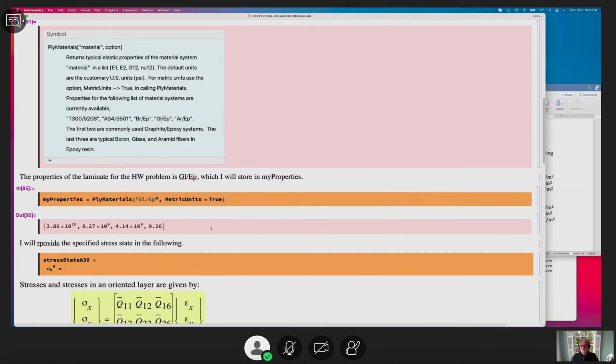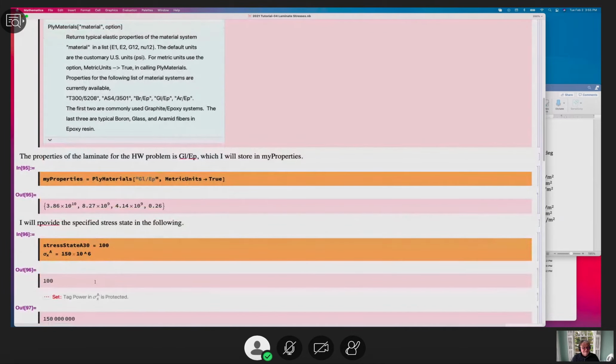All right, what was this value? Sigma X at A, 150 gigapascals, right? Did we say giga or mega? Well, let's say megapascals. So sigma XA was megapascals. This was 100. All I did is assign 100 to stress state A, and this tells me that I cannot actually make an assignment to this variable because it's protected.